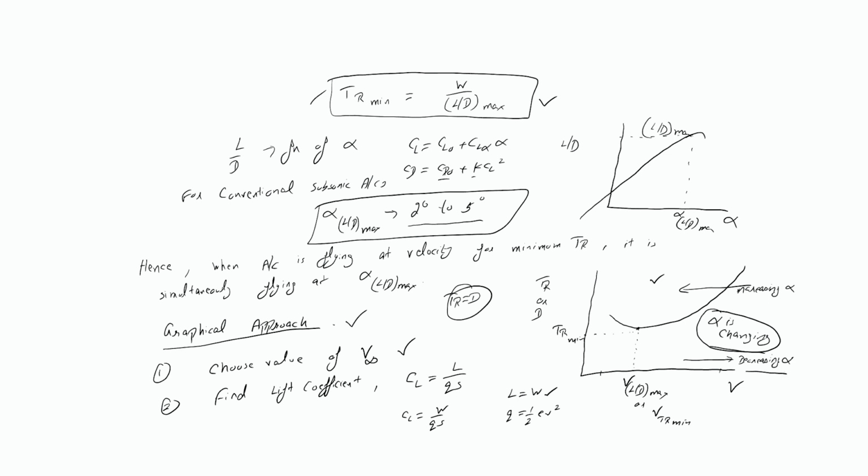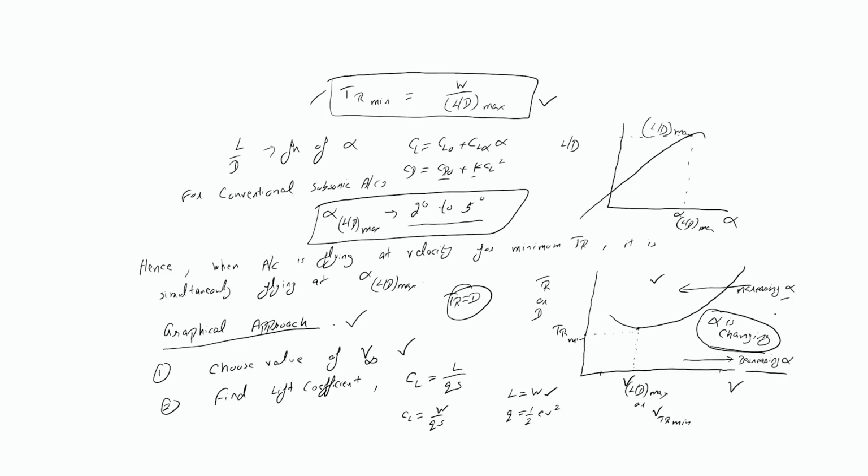I hope it is clear. In this direction it is decreasing alpha, since velocity is increasing and CL has to drop, and since CL has to drop, alpha will also be reducing. The opposite is true in this direction: when velocity is reducing, alpha has to increase, that means CL has to increase.